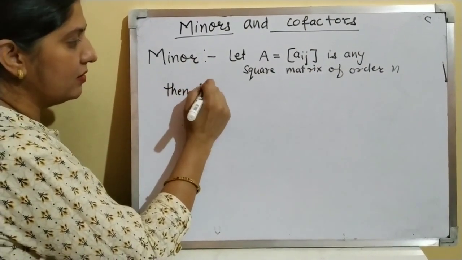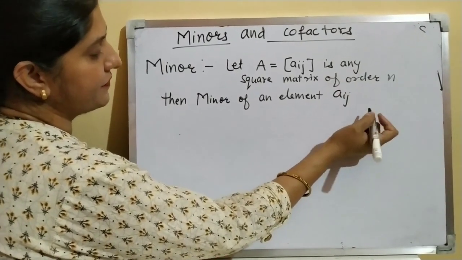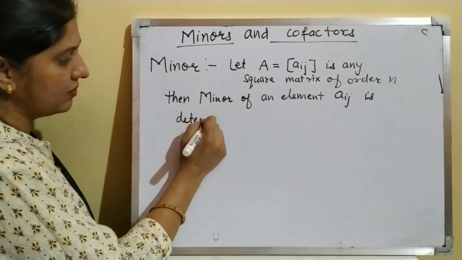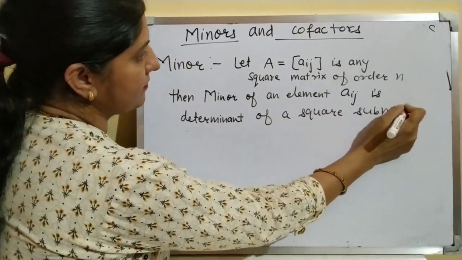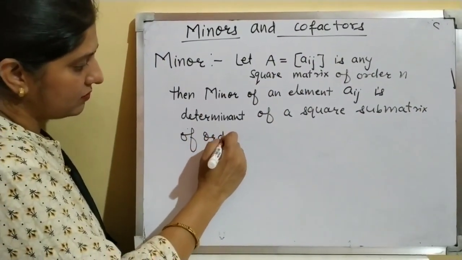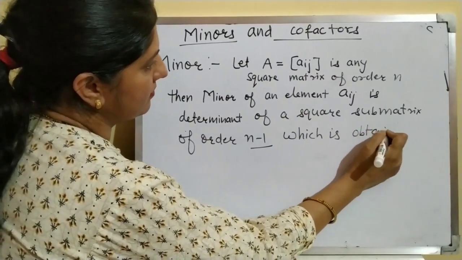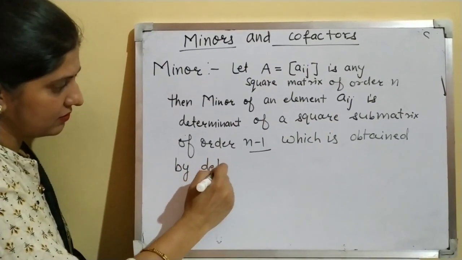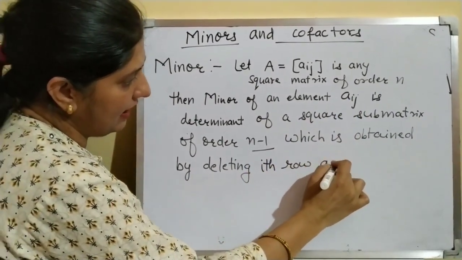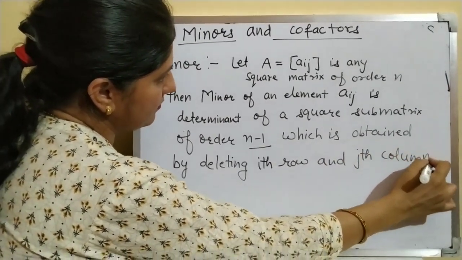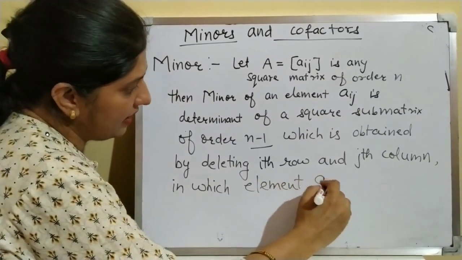Then the minor of an element Aij is the determinant of a square submatrix of order n-1, which is obtained by deleting the ith row and jth column in which the element Aij lies.